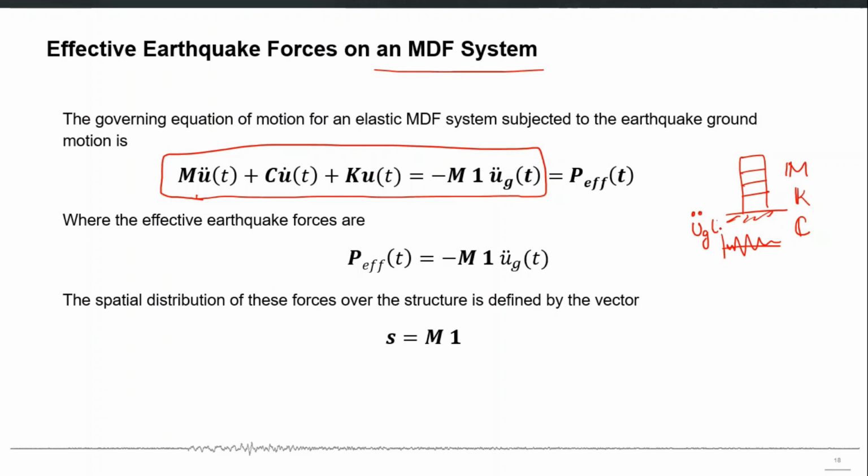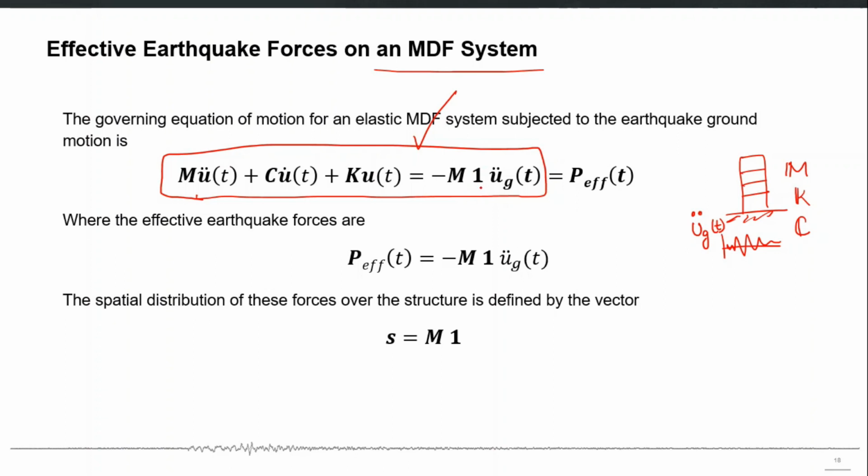This is ground acceleration. So this equation is the governing equation of motion for this structure subjected to UG dot dot. On the right hand side you have minus mass matrix times one vector. One vector takes care of the fact that some of the degrees of freedom in the structure may not be in the direction of the applied ground shaking.